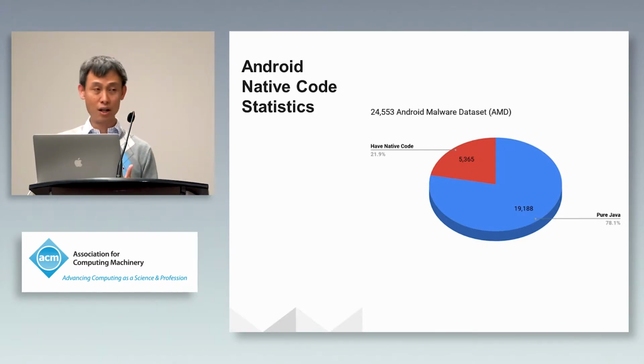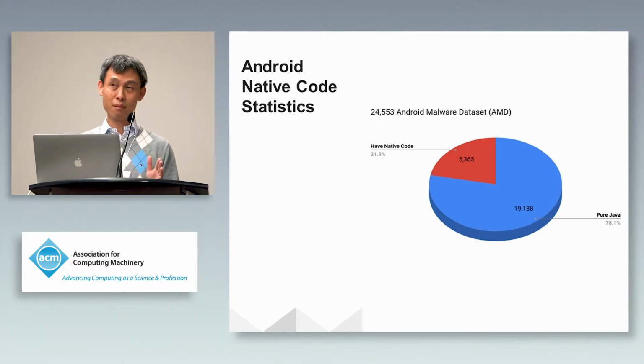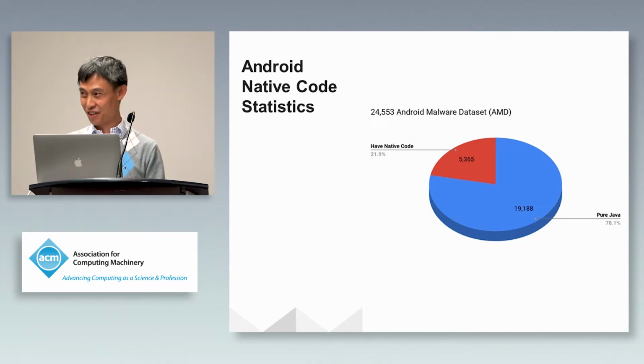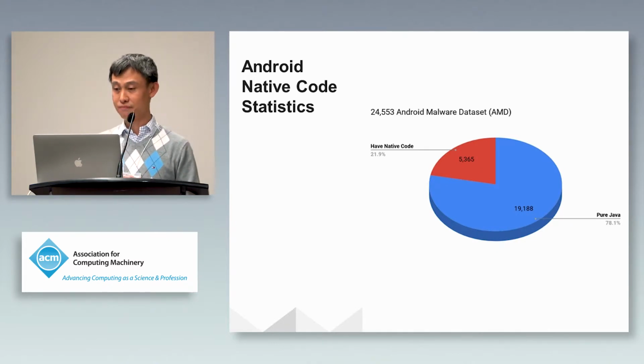So from this we know there's really not a big differentiator between benign apps and malware apps in terms of whether having native code is a good indicator this app may be malicious or not. And obviously we cannot just rule out or ban native code in Java, because many apps do need to use those native portions of the code.